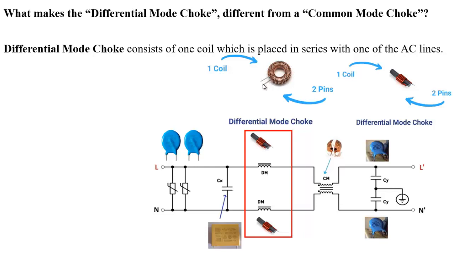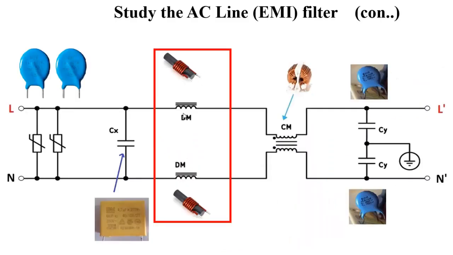It has two terminals, two pins, one coil, and in our system you have to connect two chokes, one in line, another in neutral. For the first choke, one side is line, another part is output line prime. One side is neutral, another side is output neutral prime.